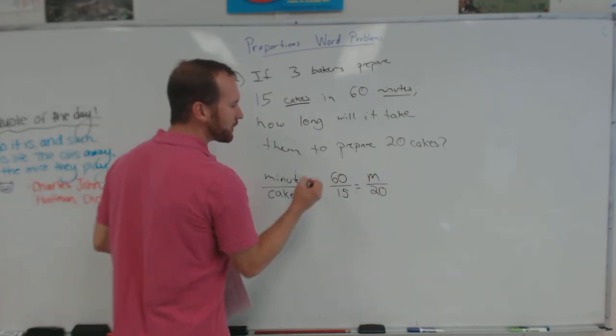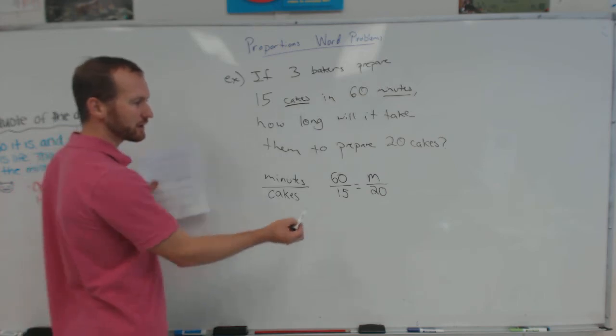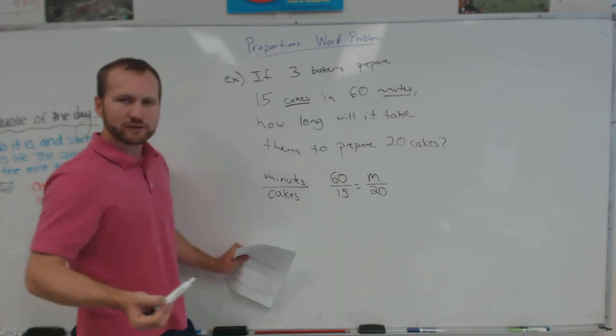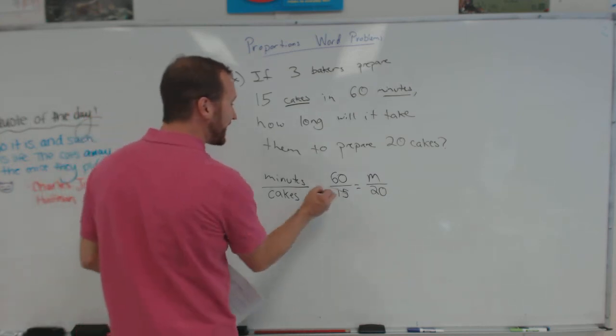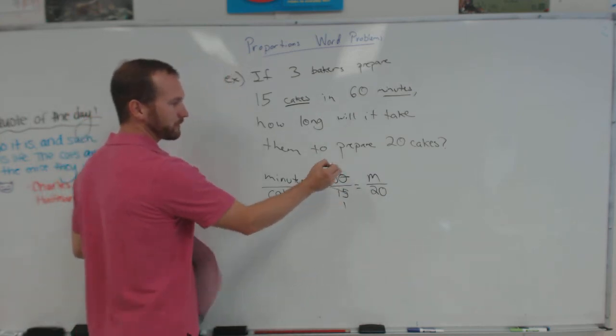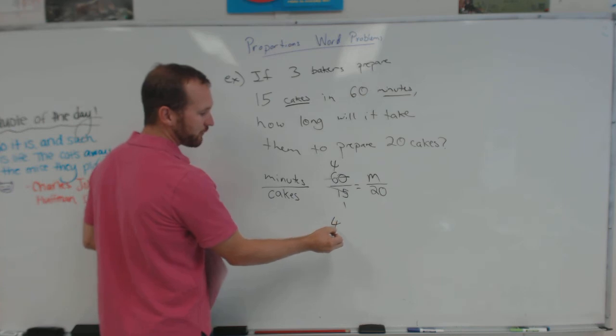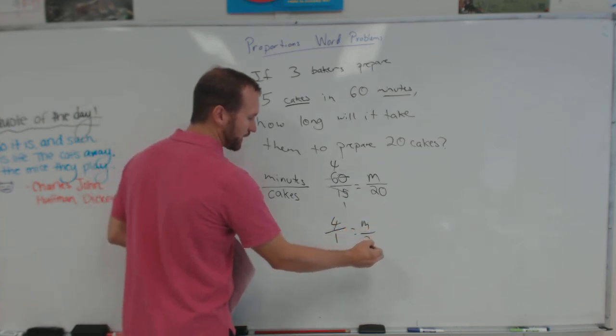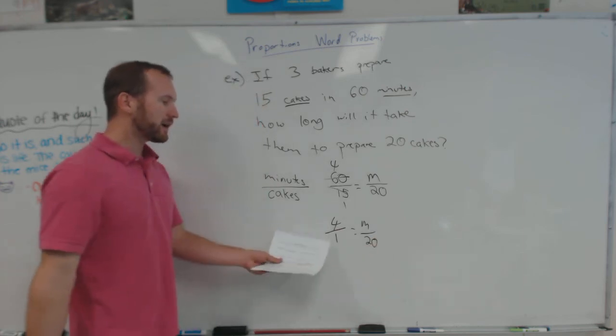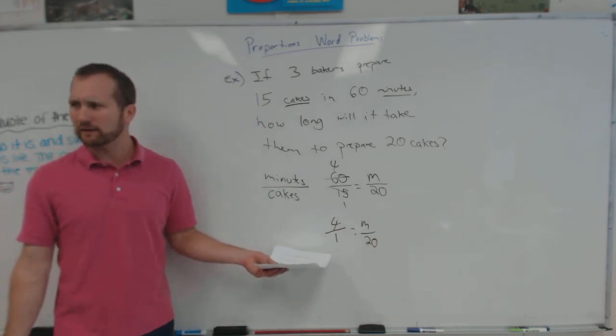I'm going to simplify, reduce my fraction. What goes into 60 and 15? 4, no. 5, 15. 15! Yeah. So we're left with 4 over 1 equals M over 20. I would recommend that you keep that over 1.